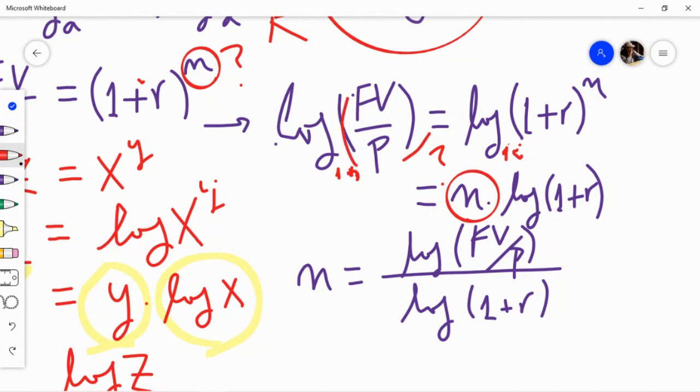How do you know what FV over P is going to be? How do you know what 1 plus r is? I mean, are they powers of 10? Are they multiples of 10? If they are powers of 10, it will be easy to solve it.